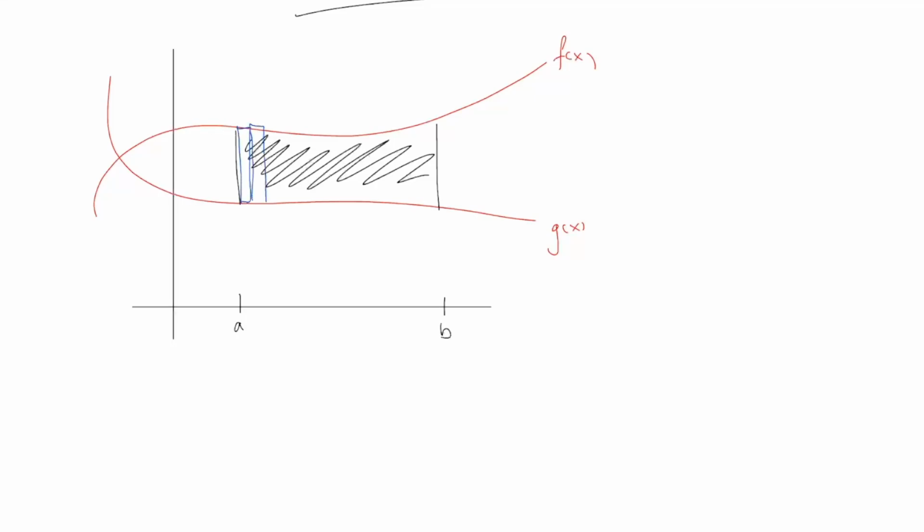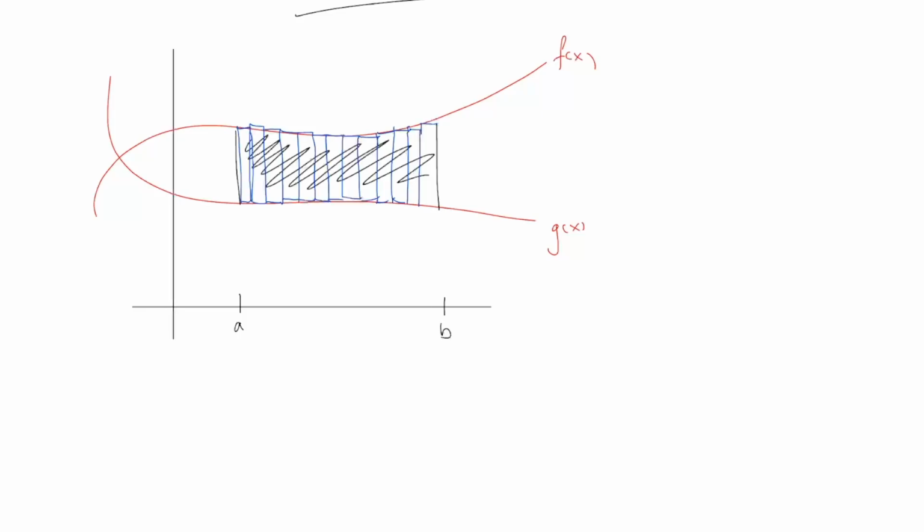I'm going to draw some rectangles here. In your Calc 1 class, you probably talked a lot about actually adding up the area of the rectangles. We're not going to do any of that here, but I just want to make sure everybody remembers that the integral is typically defined in terms of dividing the area up into rectangles, like so.